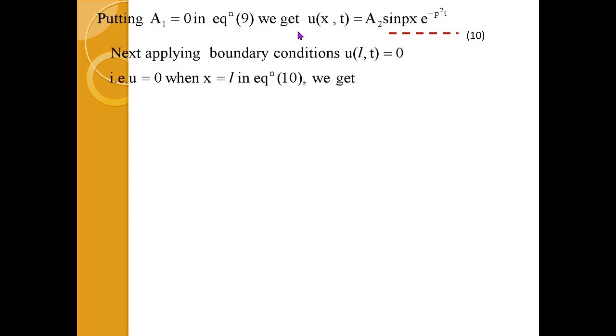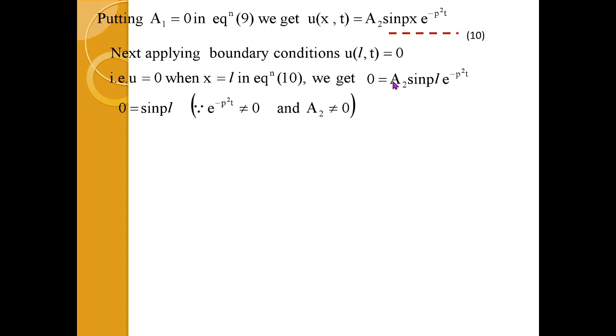Now applying the second boundary condition to equation number 10, put x as L, at that time u is nothing but 0. So equation 10 gives u is 0, that is a2 sin pL into e raised to power minus p square t. Now we have a product of three factors equal to 0, so any one of them must be 0 as per the rule.